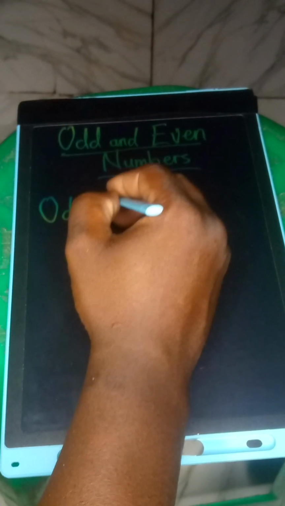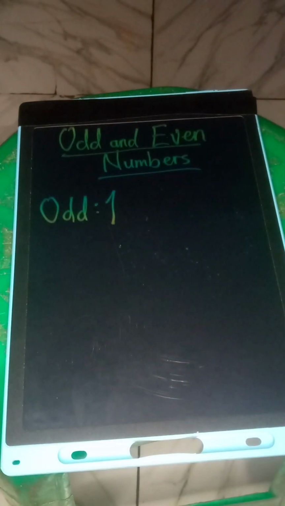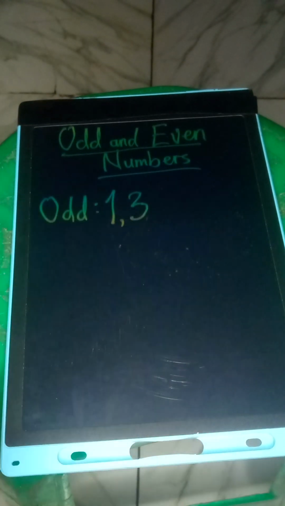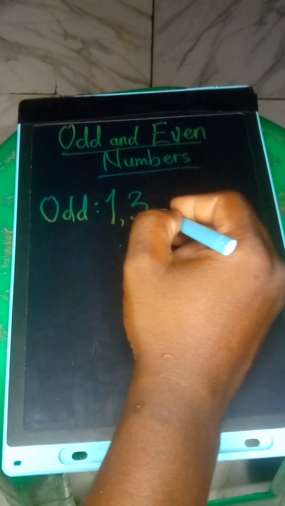Now, there are 5 numbers that form the basis of all odd numbers. They are odd numbers and they guide you to identify other odd numbers. The first number we have there is 1. So 1 is an odd number, and the next one is 3. The next one is 5.